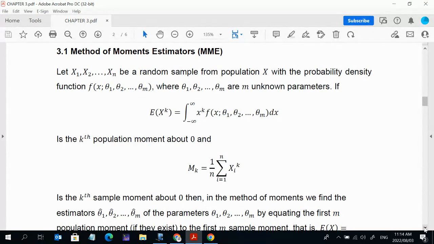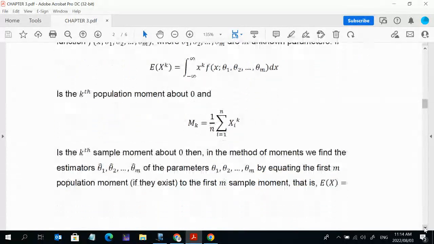Remember, the value of the parameter should be within this set. The method of moments helps us choose the value from that parameter space for which the sample data has the same moments as the population.